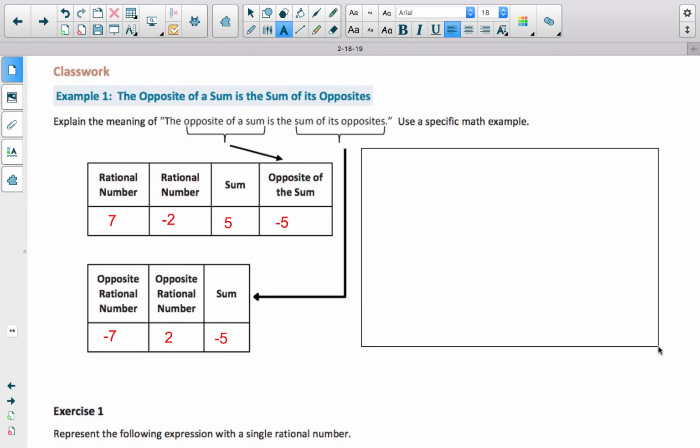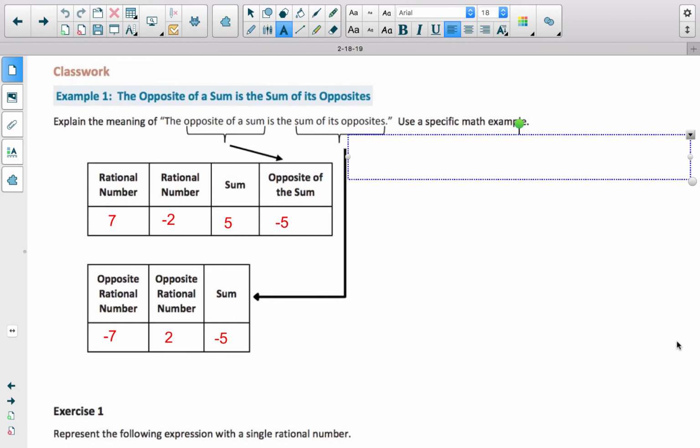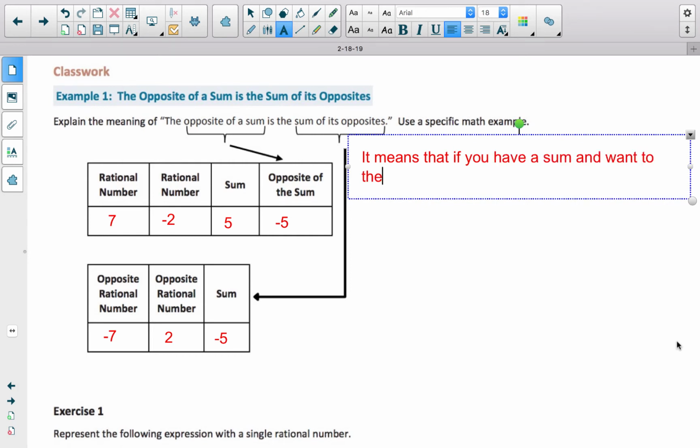So if I put this in words, I'll type this out, make sure you write this down. What this statement means is that if you have a sum and want to take the opposite, for example, we're going to write it out like this, the opposite of 7 plus -2. Remember, this negative on the outside can also represent the opposite of.